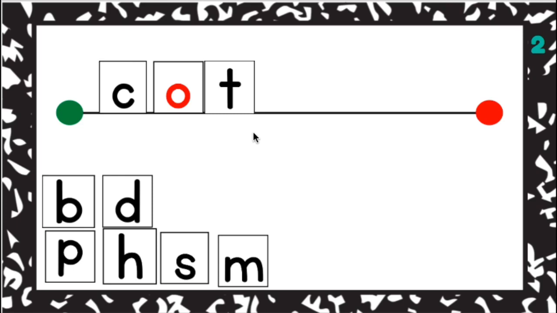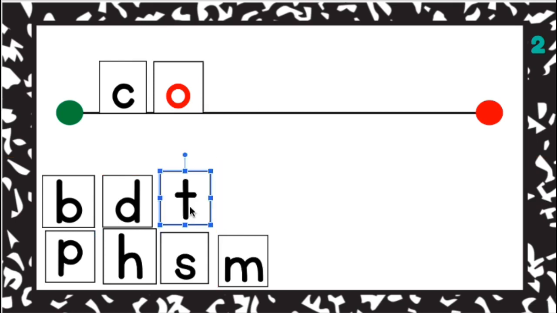Now we're going to change the word cot to the word cob. K, ah, b. What needs to change now? We need a b at the end of the word. So let's remove the t and find a b. Uh-oh, these two letters look very similar. Which one is the b?